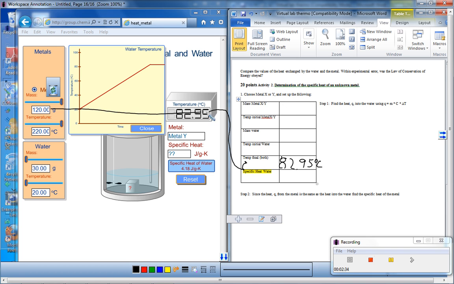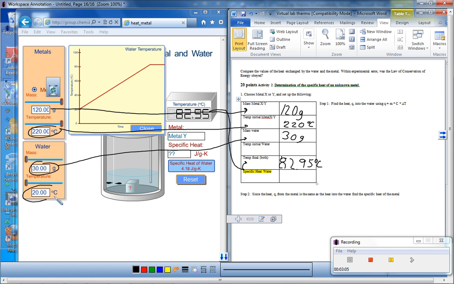And I'll go ahead and record the rest of the information here. 120 grams is going to go right here. That's the mass of the metal, 120 grams. And the temperature right there is going to go right here, 220 degrees C. The mass of the water down here, 30 grams.